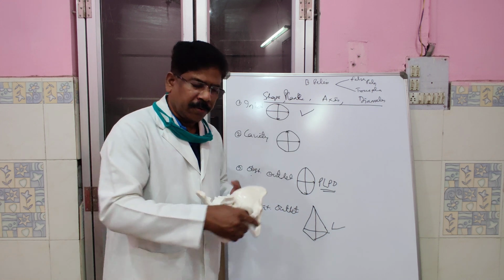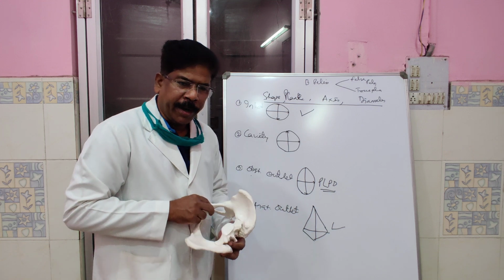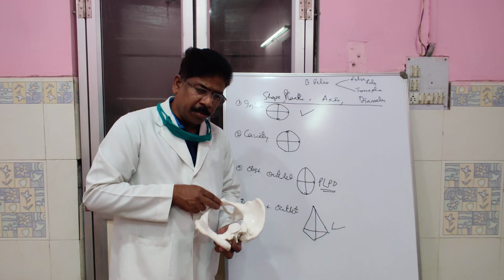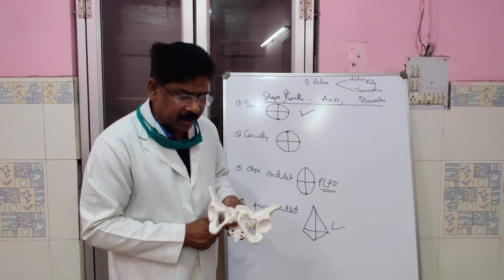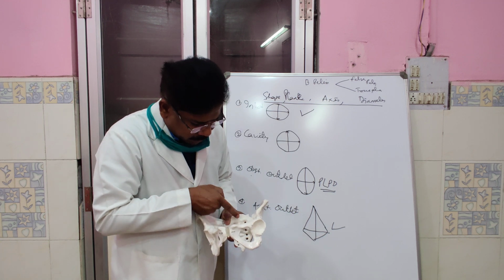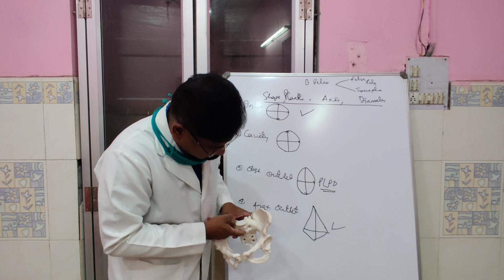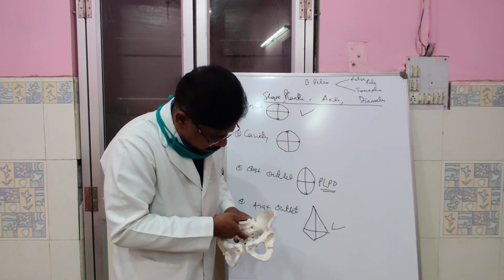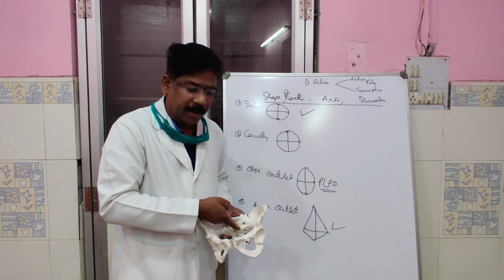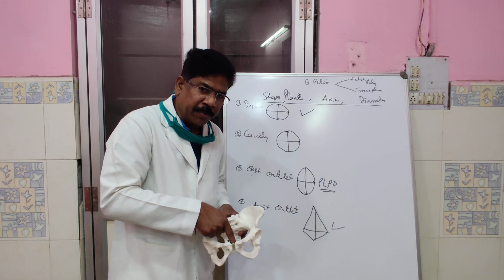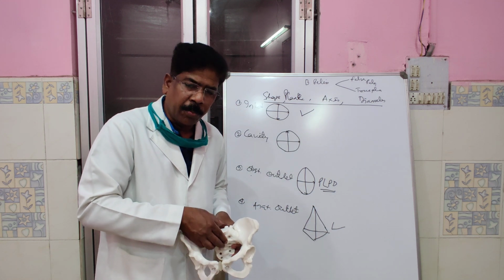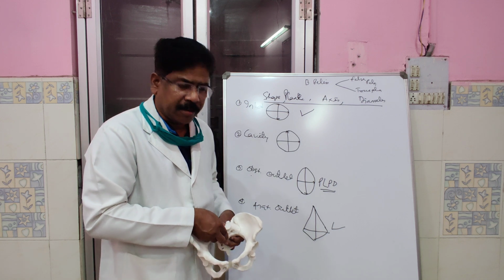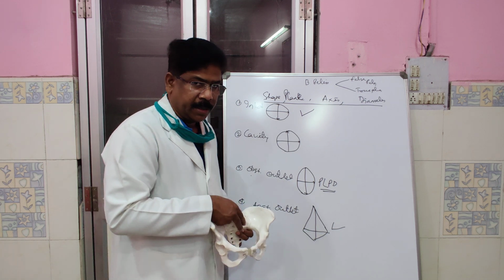It ends posteriorly at the junction of the second and third sacral vertebra. This is the first sacral vertebra, this is the second and third sacral vertebra. If you join anteriorly the most prominent point behind the symphysis pubis and posteriorly the junction of the second and third sacral vertebra, this is the plane of the cavity.